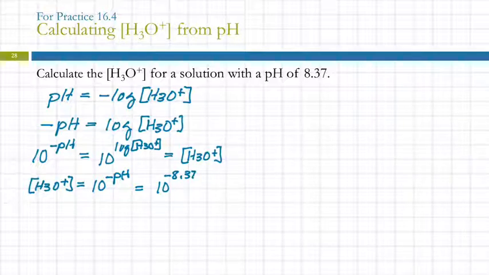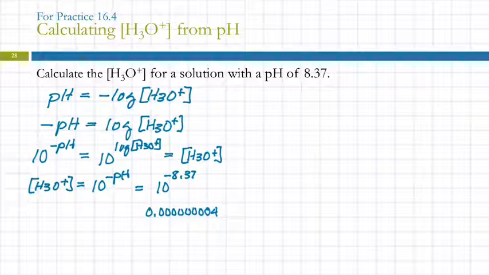Now my calculator is showing me 1, 2, 3, 4, 5, 6, 7. It's showing me 8 zeros and a 4. Are there no digits past the 4? There are digits.